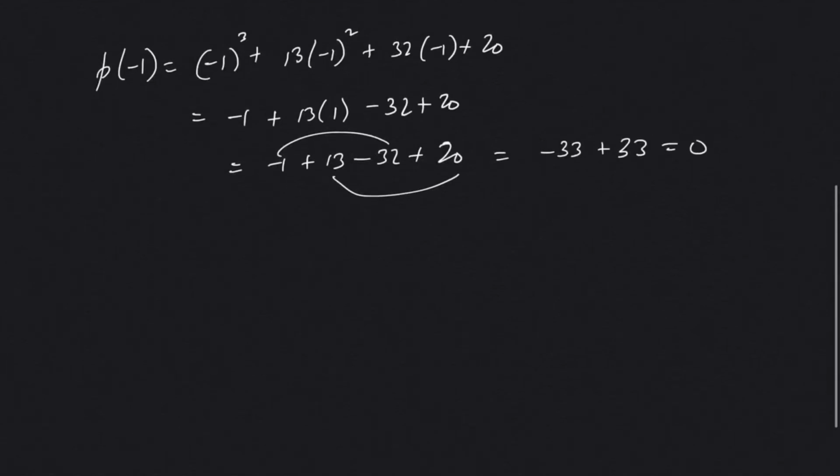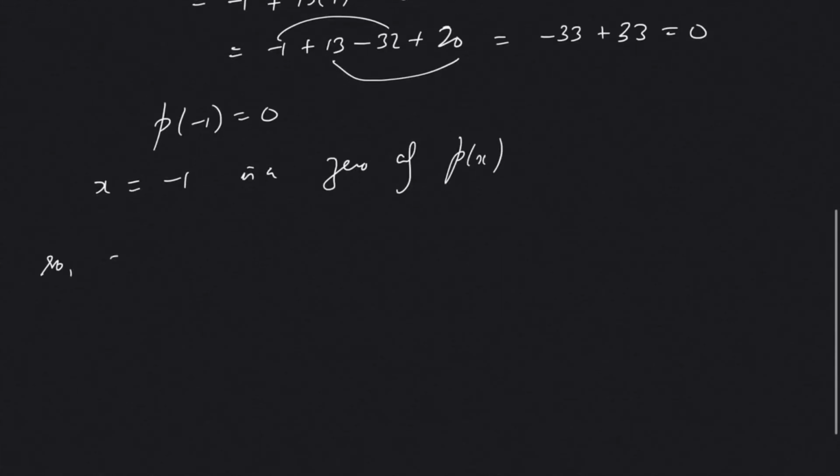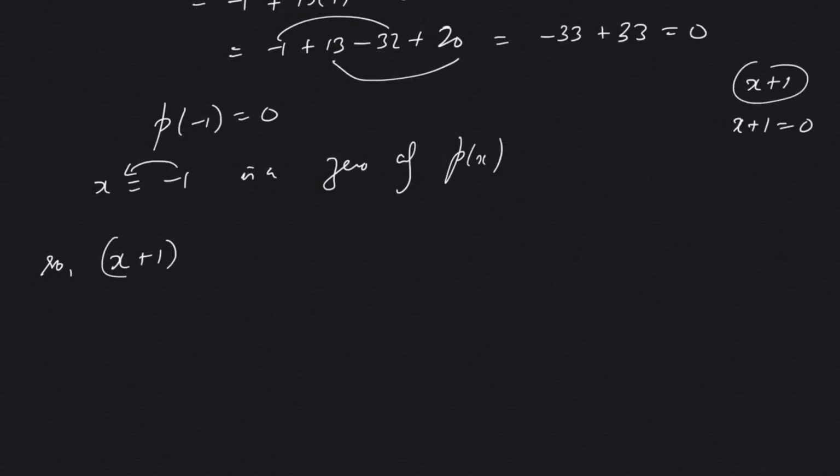So what do we get here? P of minus 1 is 0, we get a zero. That means x equal to minus 1 is a zero of our given polynomial. So in other words, x plus 1 is a factor, because by the remainder or factor theorem, when you divide a polynomial by x plus 1, we find its remainder using x plus 1 equal to 0, so x equal to minus 1.